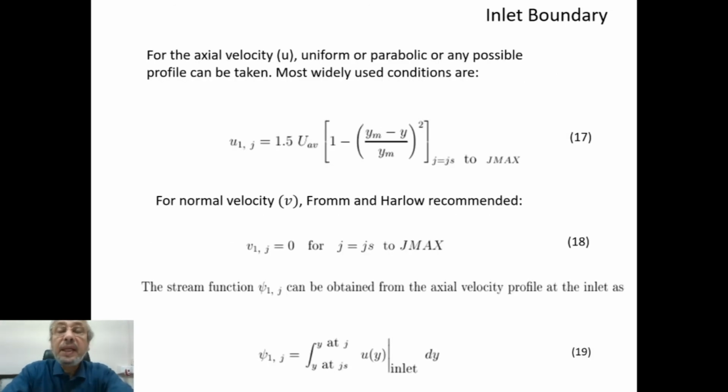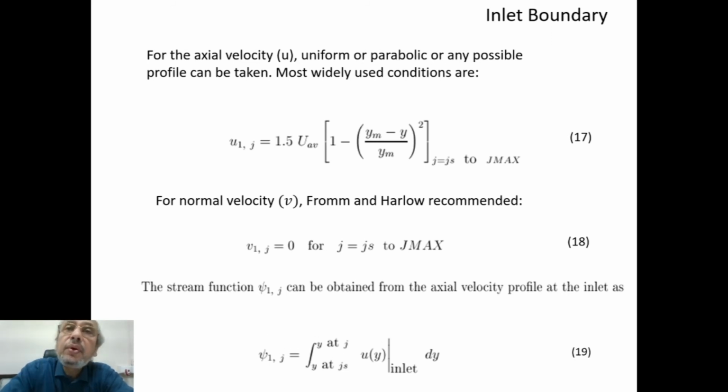Now, the inlet condition. For the axial velocity u, a uniform or parabolic or any possible profile can be taken. So the inlet profile, when you model any such flow, has to be known. If it is not known, you can say a uniform velocity profile or a parabolic velocity profile or any profile that you choose.